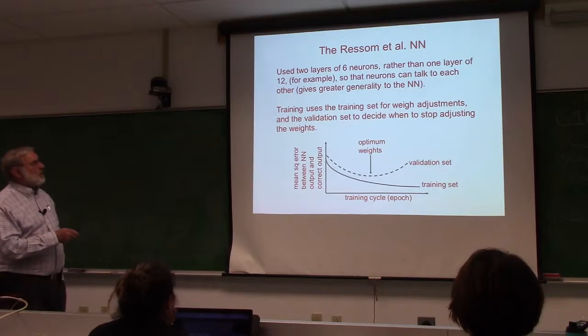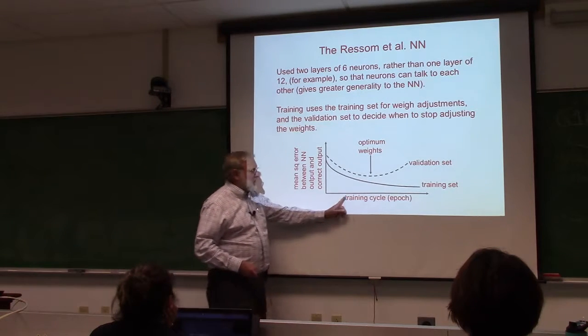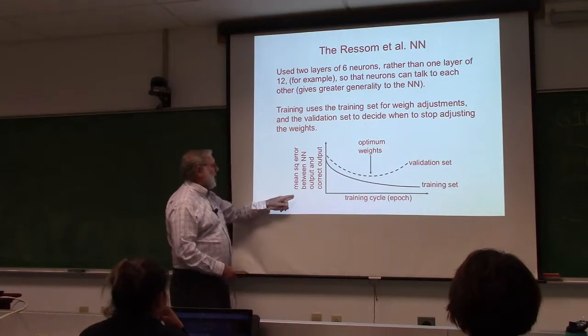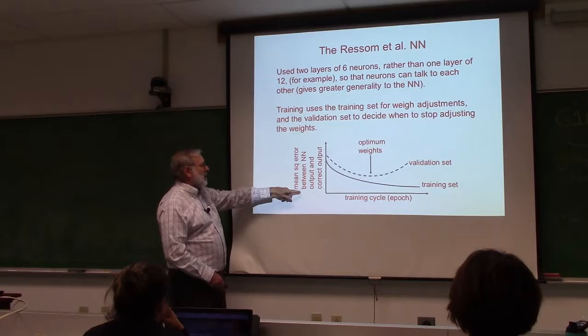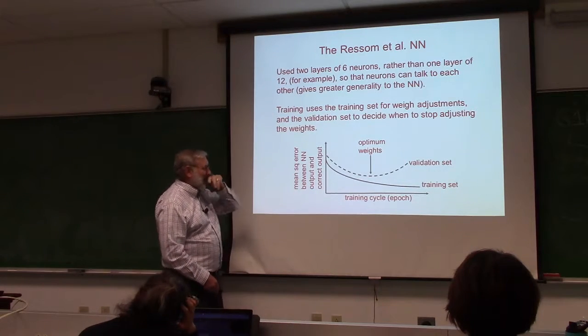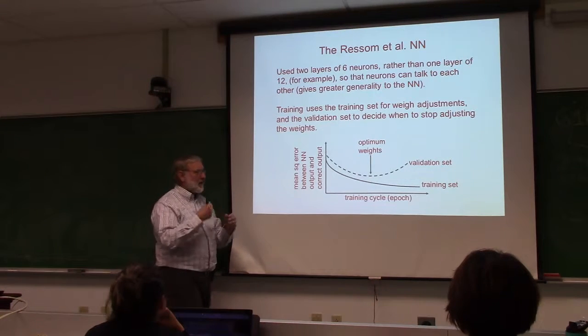Okay, so here's the way they train the thing. We've got what's called the training cycle, where we go through our data set. And then here's a mean square error between the neural network and the correct output. So you take your training set and you just go through it and go through it and go through it.